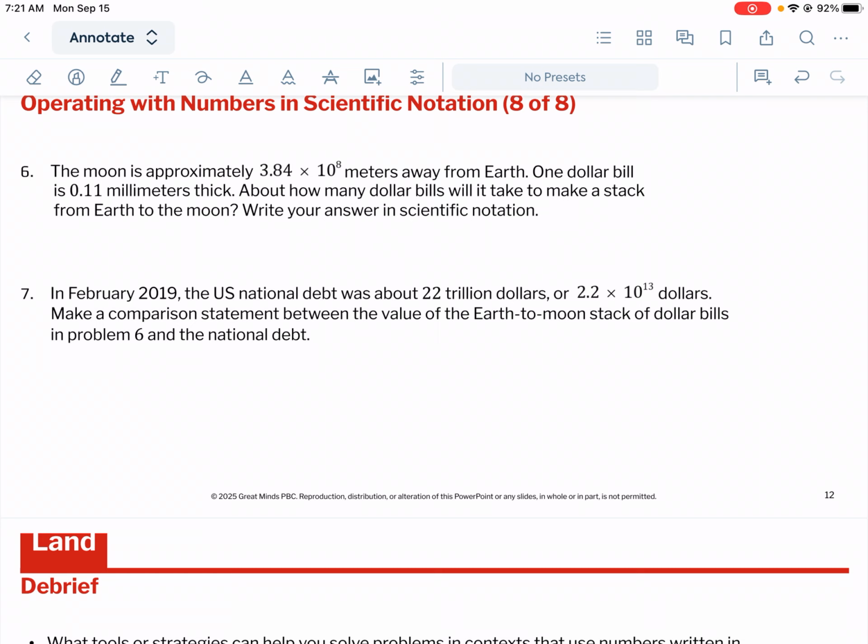Or you can say that the amount of dollar bills from number 6 is maybe 10 million times more if we're going to multiply than the $22 trillion debt. So you have a little bit of free range here to set up this comparison however you want to. Just make sure it makes logical sense and make sure that your numbers are as accurate as you can get them. Okay? Take a pause to allow a little bit of work time.